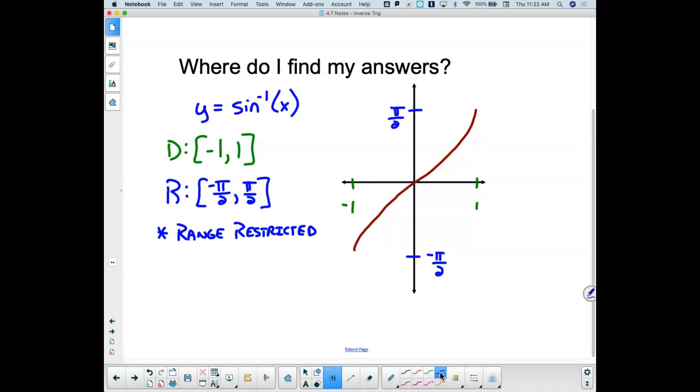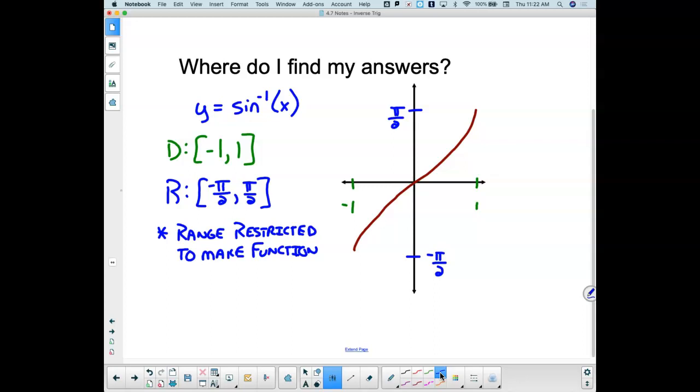Look at your graph, like my axes. It's just right there.